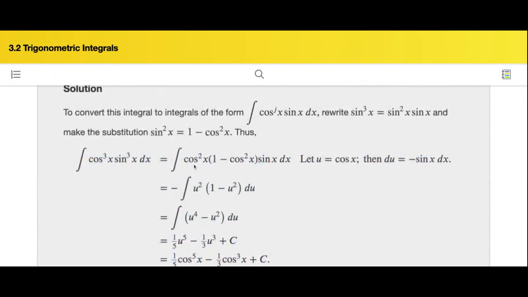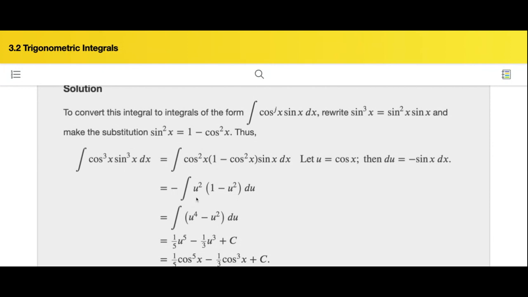So then we observe, we have cos square, we have 1 minus cos square, so no more sine square or sine in here. So we just use u substitute cos, right? So u substitute cos, then du equals negative sine x dx. That's exactly why we need to manufacture this sine x dx.